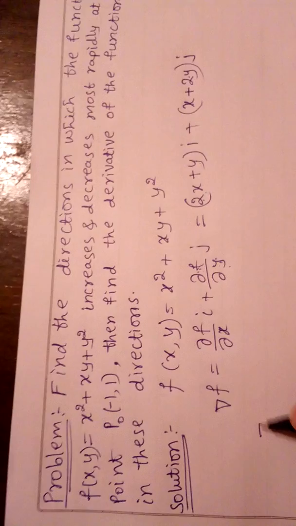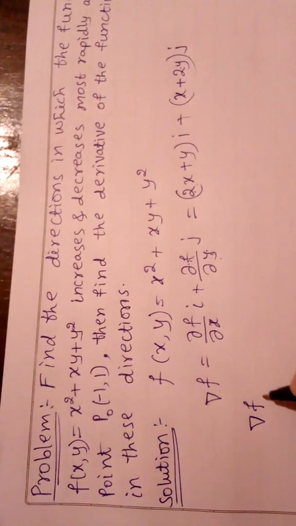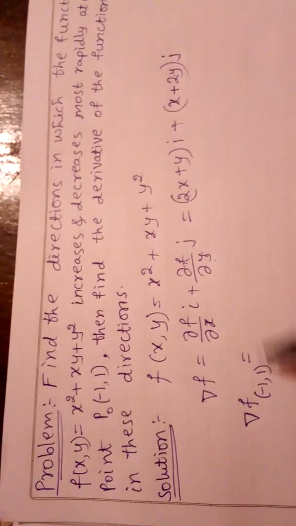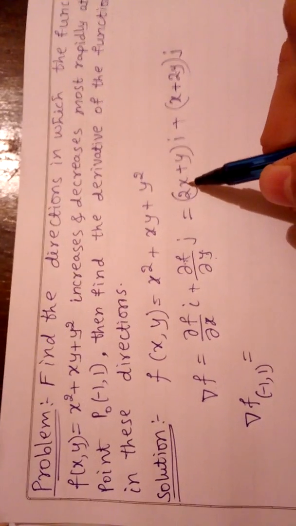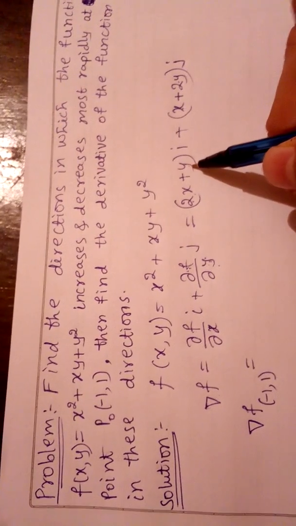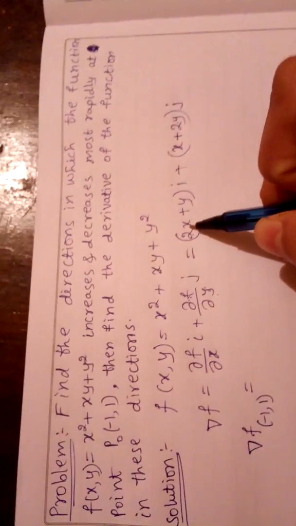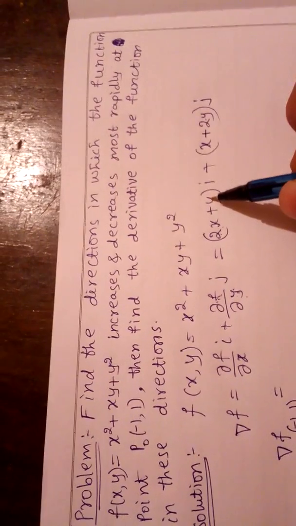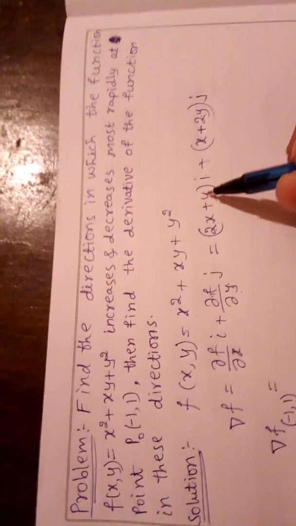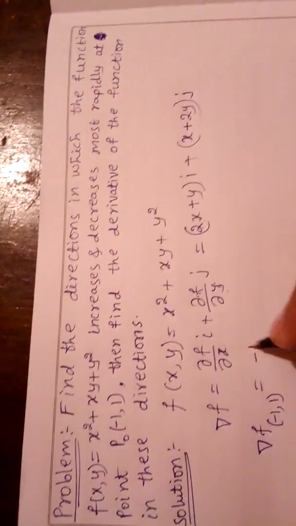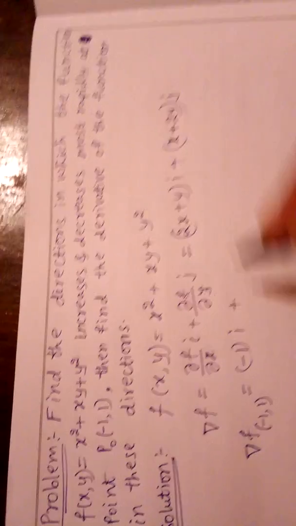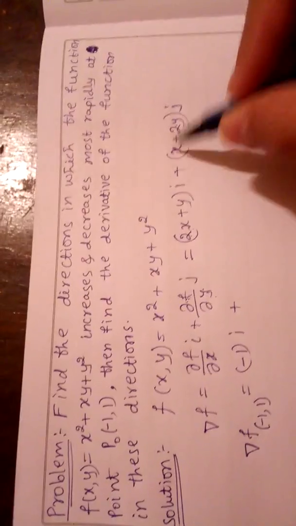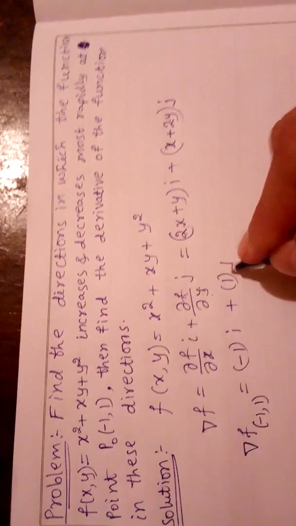In the place of x we put -1 and in the place of y we put 1. 2 into -1 is -2, plus 1 becomes -1, into i, plus (-1 + 2) which is 1, into j.